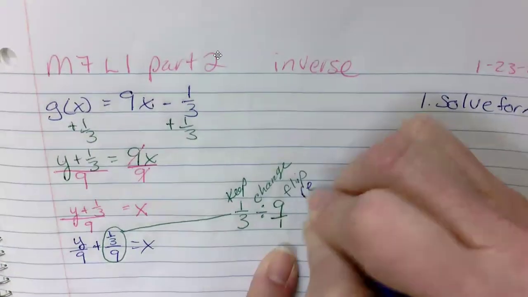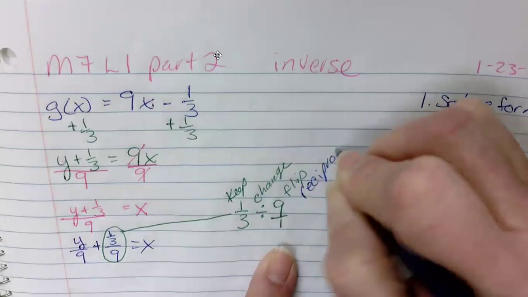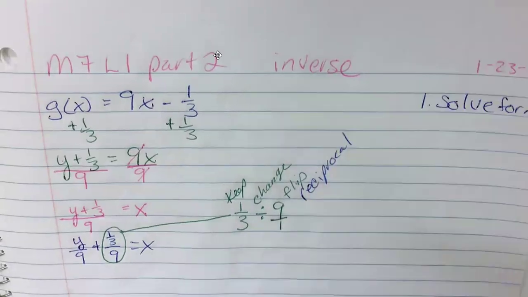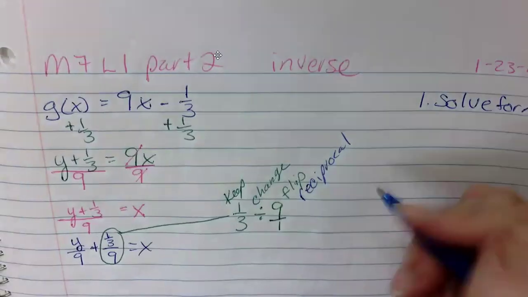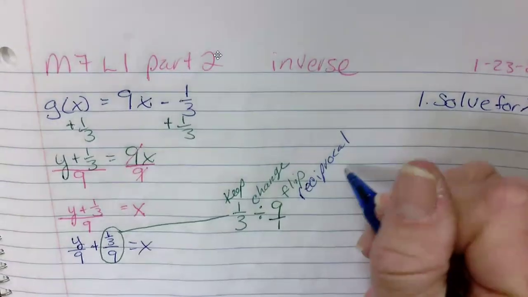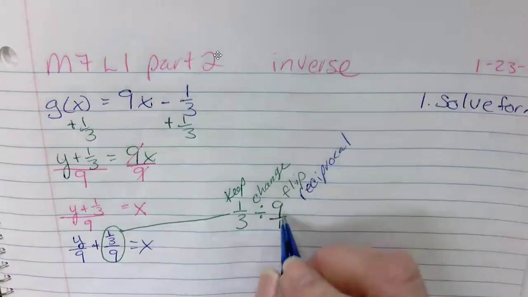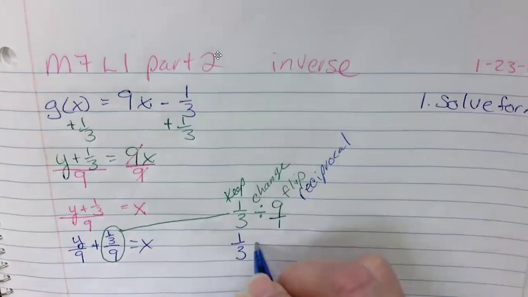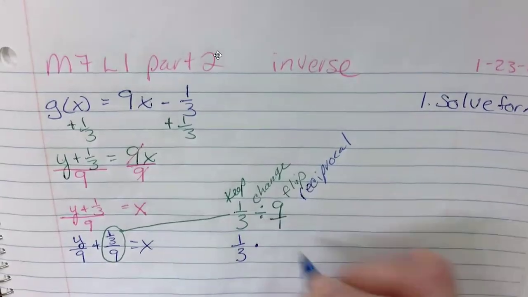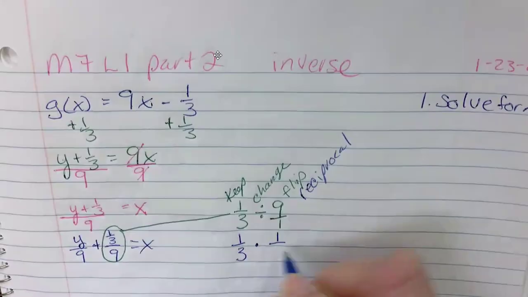We're going to write the reciprocal. So when you write the reciprocal, that's going to be, instead of a 9 over 1, it'll be a 1 over 9. So we've got 1/3, changing our division to multiplication, writing the reciprocal or flipping our second fraction.